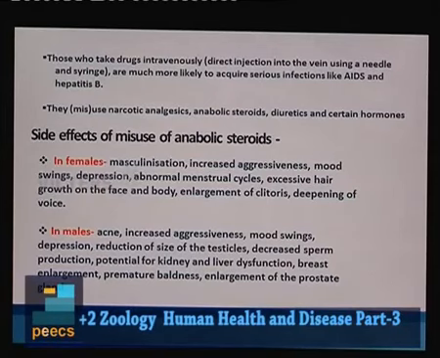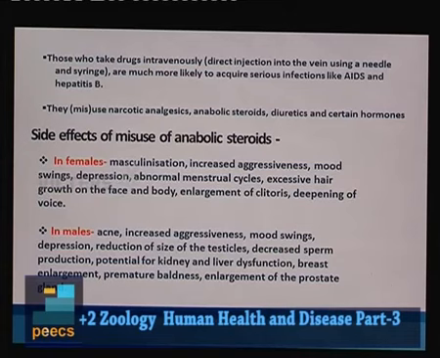So, the anabolic steroids, when used by a male or by a female, you can see different types of side effects. Suppose a female is misusing anabolic steroid, what are the symptoms? In the case of a female, the symptoms are masculinization. What is masculinization?